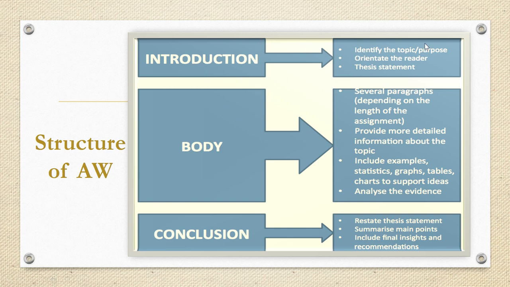In your introduction, you must arrest the reader's attention and identify the thesis statement of the paper. Now it is applicable to all sorts of academic writing, starting from paragraph to book writing. It will have the same formula: in the introduction we first identify the topic or purpose, then we can use some hook, and then we identify the thesis statement.